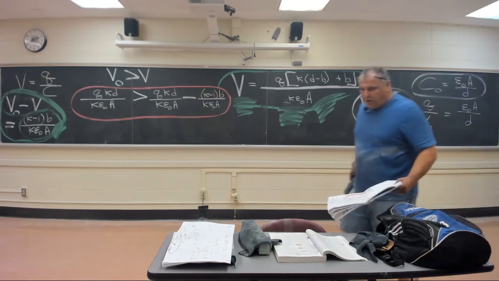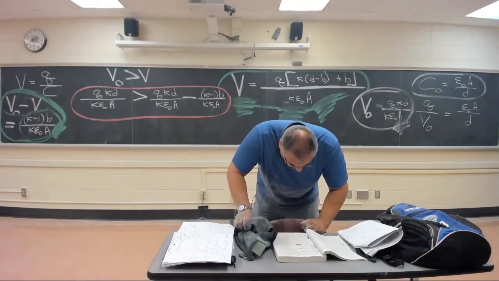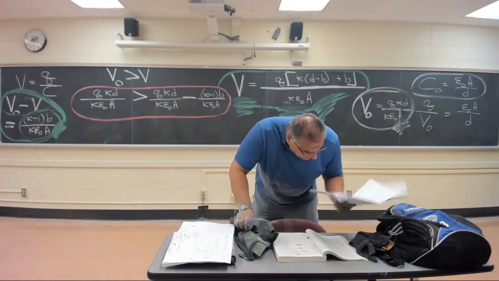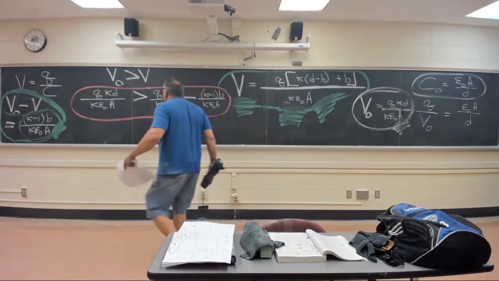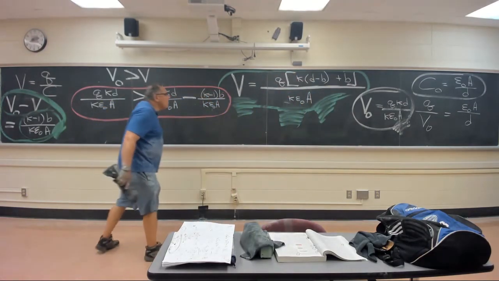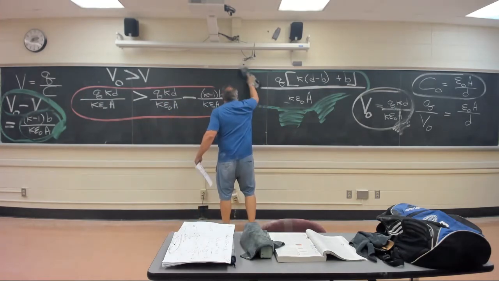So what's the external work that's done on this? They're saying, how much external work is involved in inserting the slab? Don't want to erase any of it, guys. You set it up, you already have it.